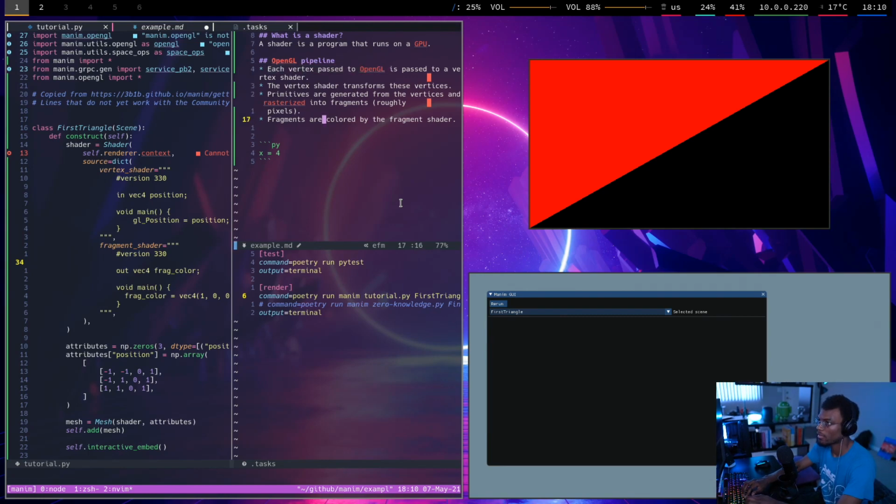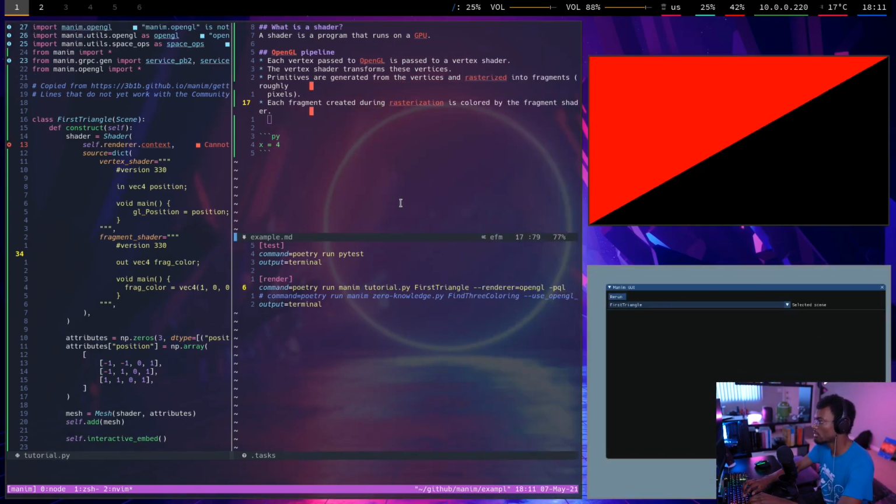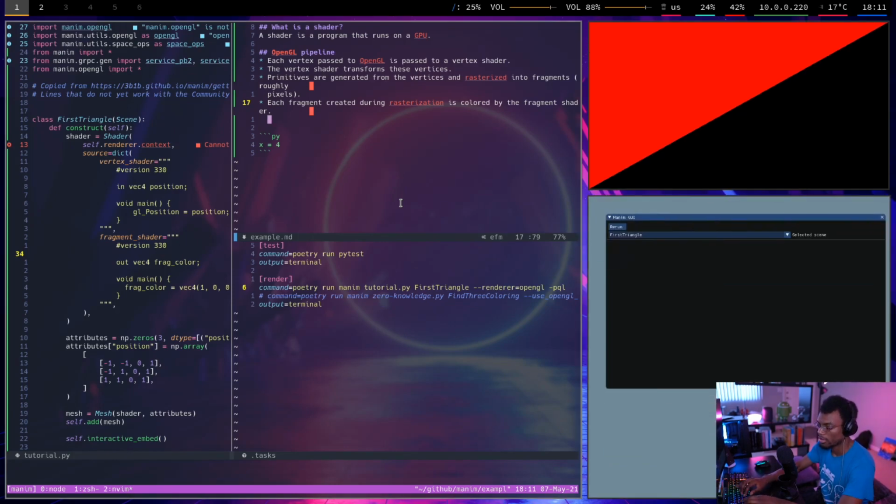So I can say each fragment created during rasterization is colored by the fragment shader. Geometry shaders, we don't talk about those.